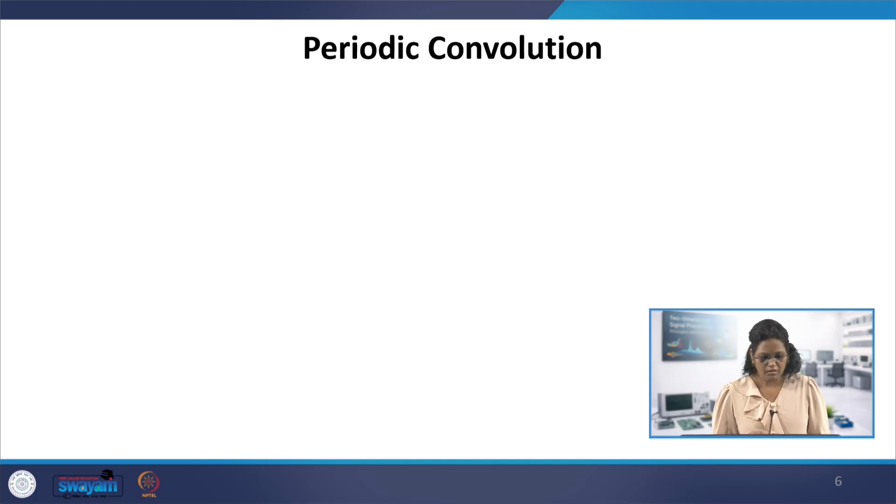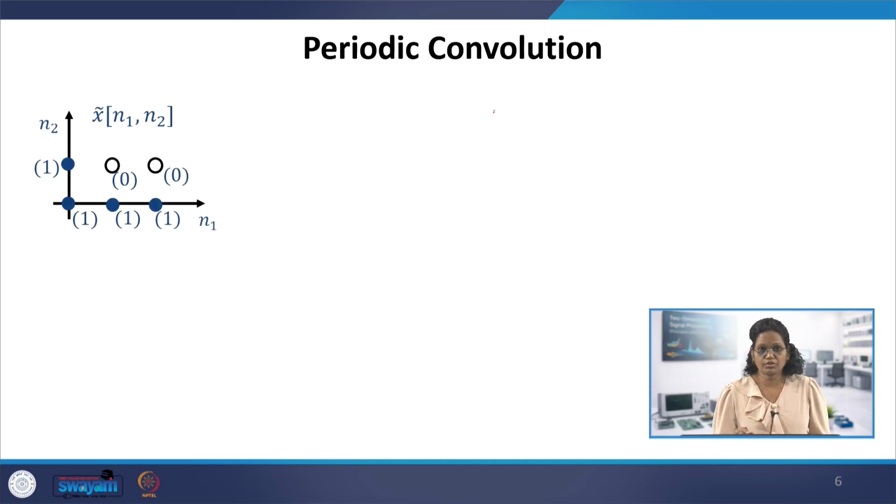In the case of periodic convolution, we take an example. Linear convolution in 2D we had done, and we performed 2D convolution through 1D convolution if the sequence is separable. Now for periodic convolution we see the sequence x tilde of n1 comma n2, where the sequence is 1 1 1 1 0 0.